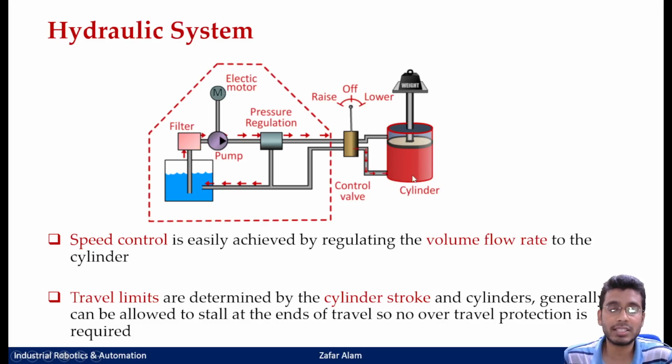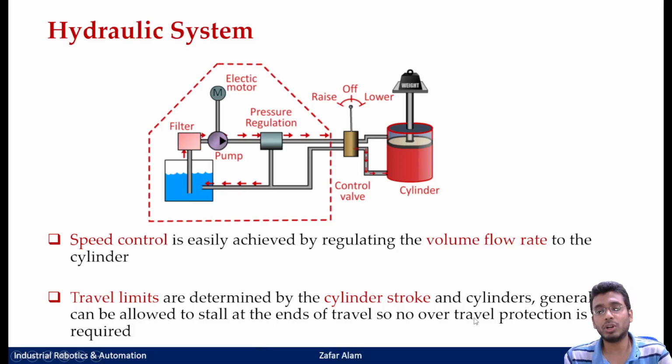Suppose in this case there was a stroke length of 50 centimeters, and I had to lift the same load to a distance of, say, 1 meter. Then what I have to do is change the stroke length of the cylinder, that is, the distance between the lower end and the upper end of this cylinder. So this length would change, and then the distance up to which this weight is lifted would change.